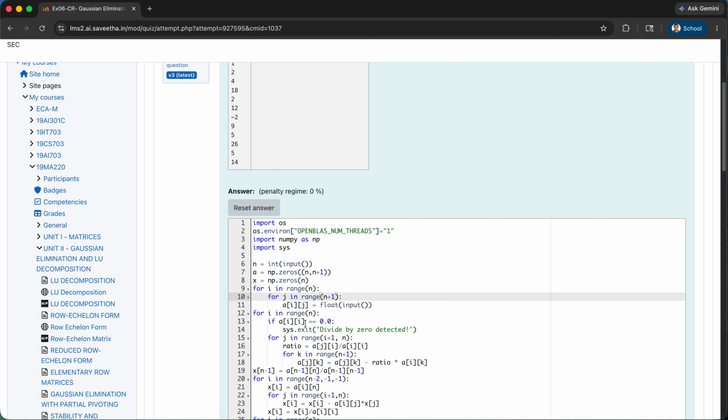That is what is checked here: a i i equal to 0. If any of the diagonal elements is 0, the system will exit and show this message. This is where you make use of the sys library. The program will exit gracefully without causing an error; it will write divide by 0 detected and exit the program.